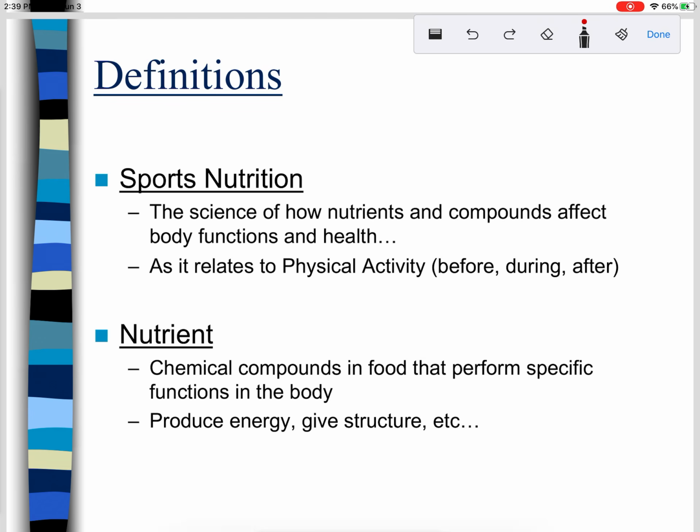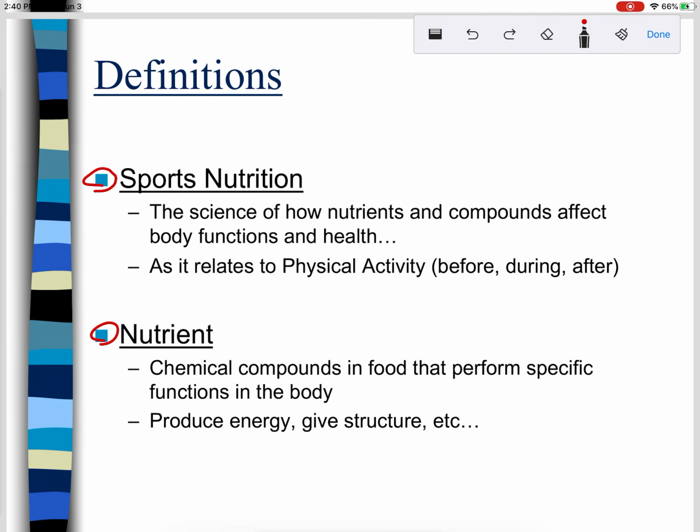I don't want you to be wasting time wondering, well, what should I study? I want you to be able to put all your time towards studying what you need to know. So for example, in this slide, I'd like you to look at the definition for sports nutrition and the definition for nutrient. So when I star something, circle it, etc., you know it's important. So that means you should know it for the test.